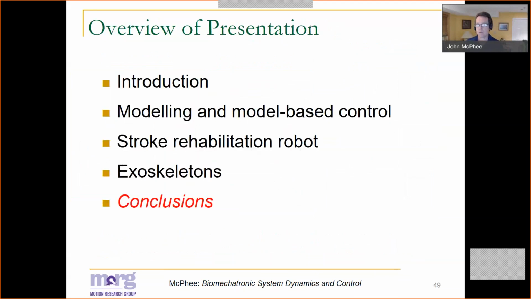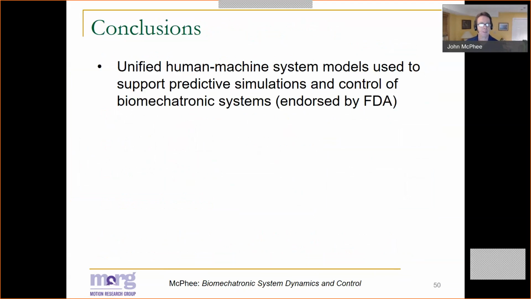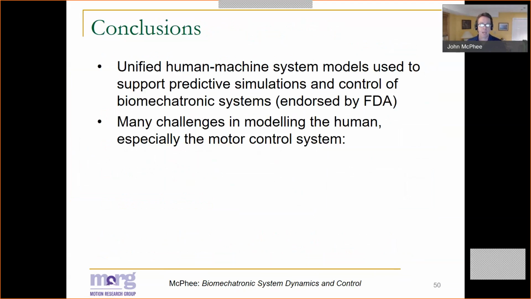So with that, let me draw a few conclusions and I'll end my talk. Again, I remind you that we're using unified models of humans and their machines to support both predictive simulations, but also control of biomechatronic systems. A big challenge in this work is modeling the human, especially the human motor control system.